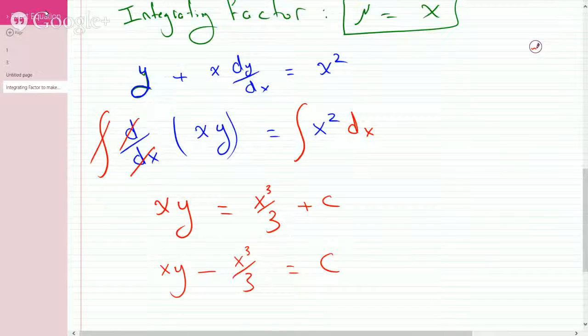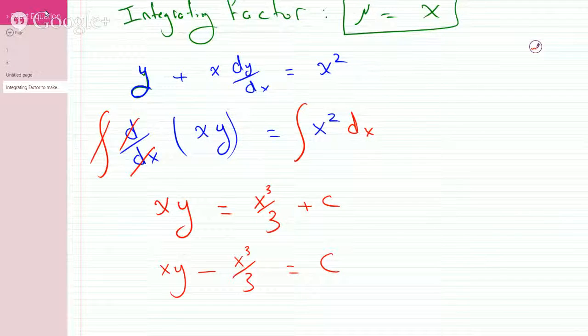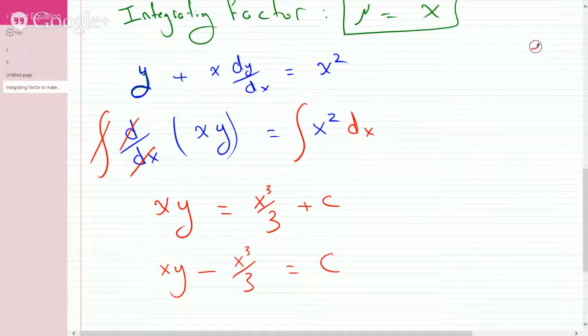And we were able to solve, even if it's not exact. By the way, at this point, you can test if it's exact. We know it has to be exact because, you know, the product rule works.